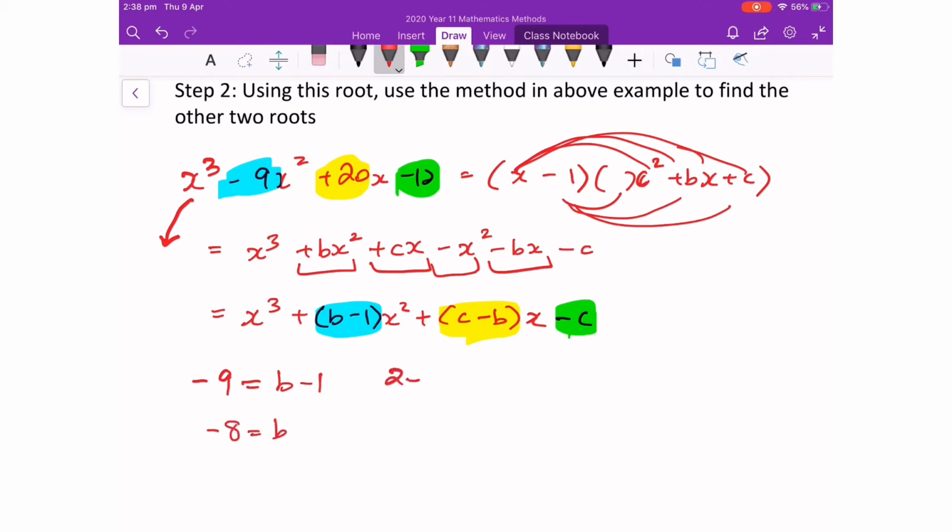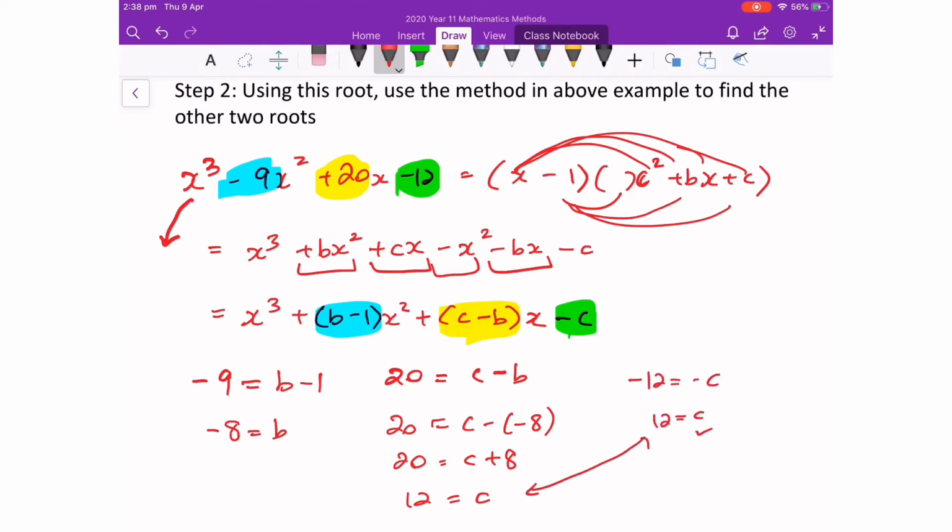I'm going to match up my yellows. It's c take b, and I know what b is, so take -8. So 20 is equal to c plus 8. Put it on the other side, it's going to be 20 take 8, which is 12. Let's double check, so -12 is equal to -c, so c is equal to 12.